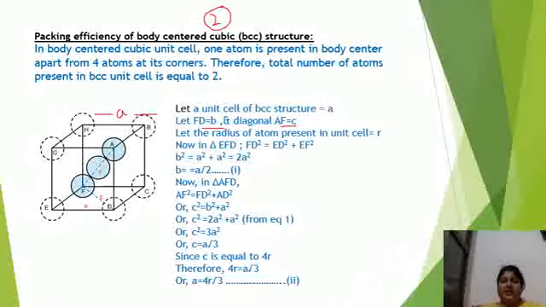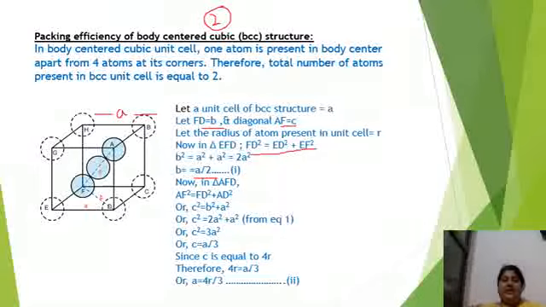So FD square is equal to ED square plus EF square. The length of FD we considered as B, while ED and EF are the edge length, so that will be A. So B is equal to A root 2.